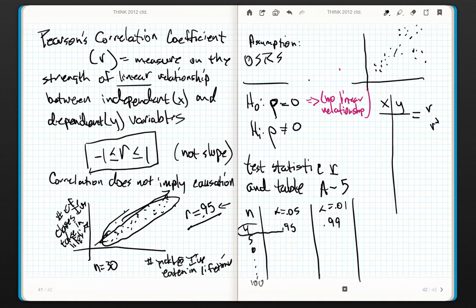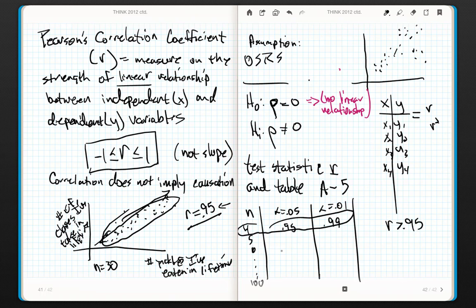So if all I have are 4 data values, x1, y1, x2, y2, x3, y3, and x4, y4, and I'm trying to claim a linear relationship between these, then if I want to test this at alpha equals 0.05, R had better be greater than 0.95.